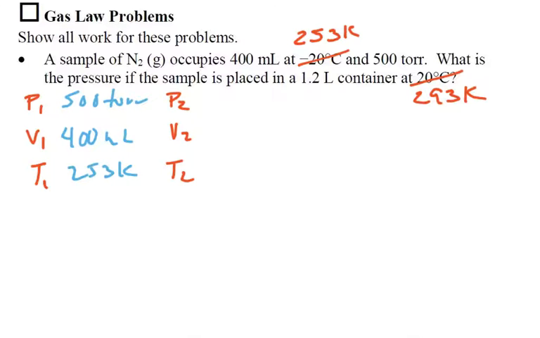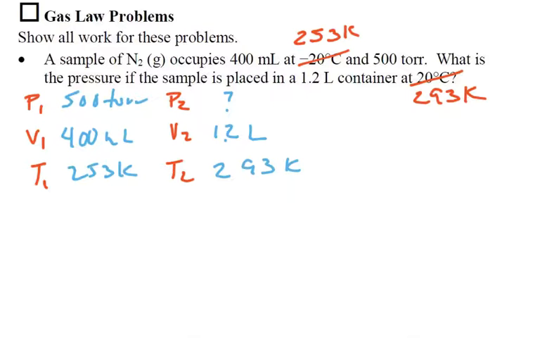What is the pressure if the sample is placed in a 1.2 liter container at 293 Kelvin? We're looking for the new pressure.